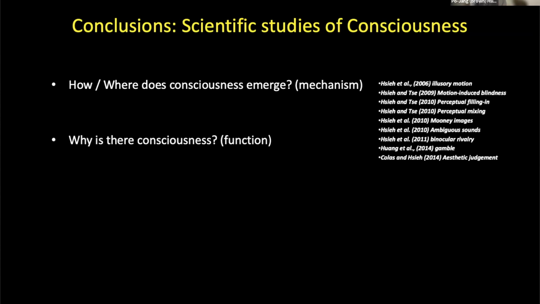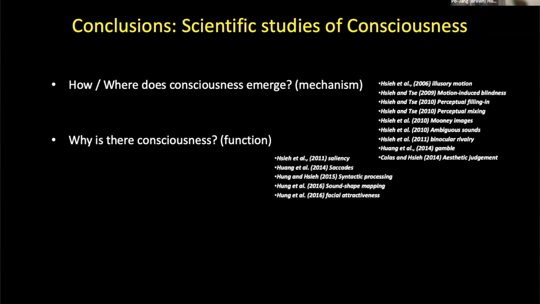Okay, so to summarize, scientific studies of consciousness can be roughly categorized into two big directions, according to the question we asked. About the mechanism of consciousness, our findings suggest that most of the neural correlates of visual consciousness can be found in the early visual area, suggesting that this is a crucial part for visual consciousness.